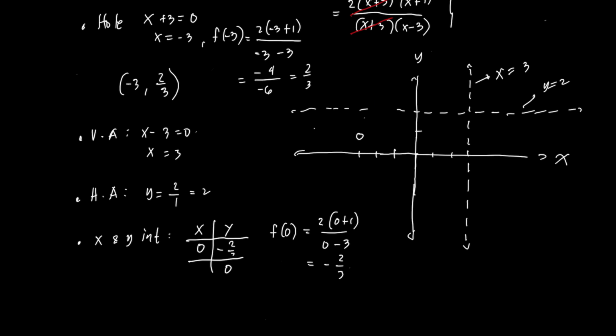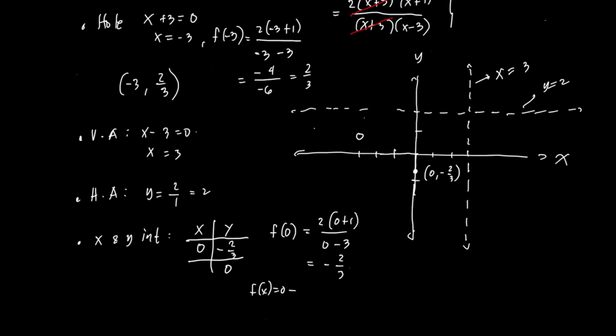That's negative 2/3. So when x is 0, our y is negative 2/3. That's the y-intercept, so this is 0, negative 2/3.